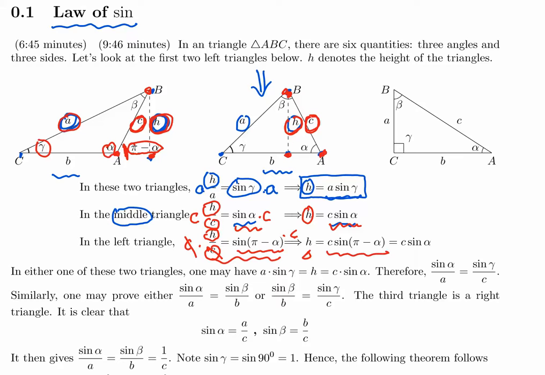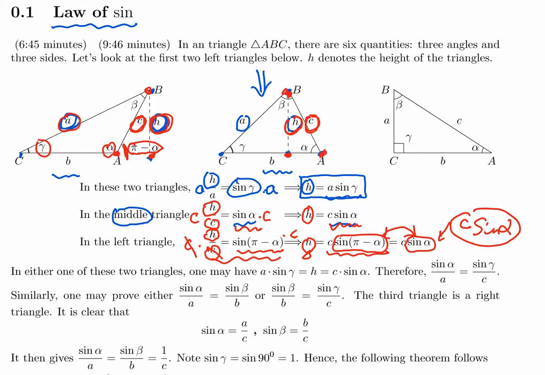For sine of pi minus alpha, there is a property we learned previously, which is that it equals sine alpha. That's special for sine. So basically what we get here is C times sine alpha again for H.